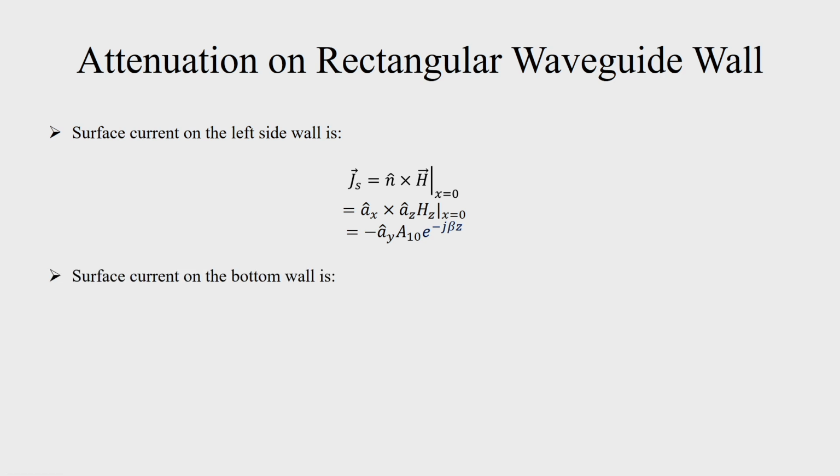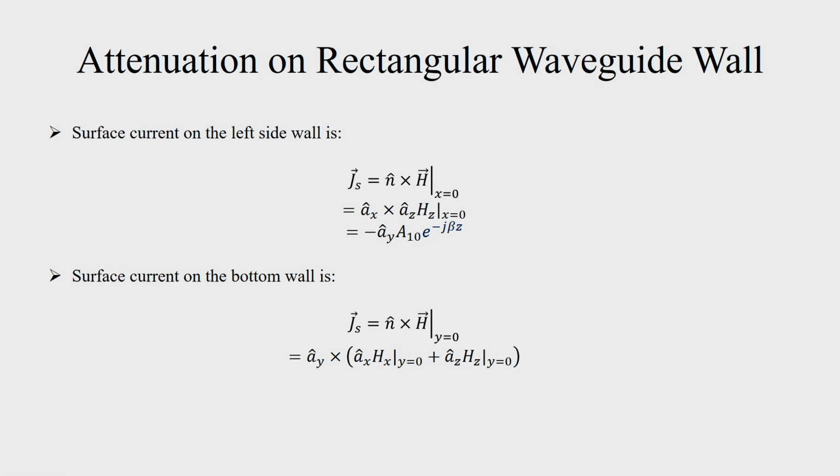Similarly, the surface current on the bottom wall is contributed by both the Hx and Hz components, and for the bottom wall the unit normal vector is ay.